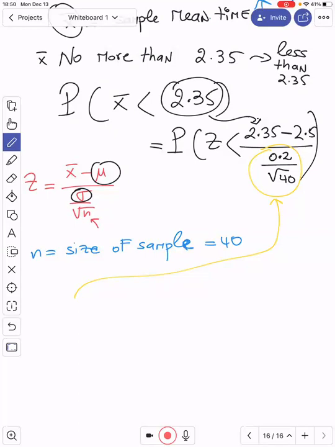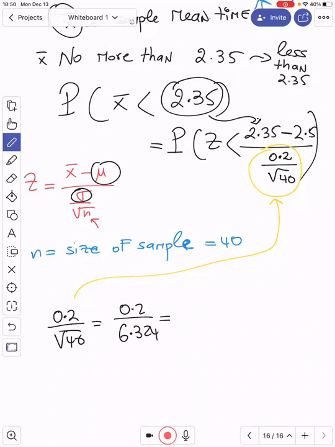The square root of 40 is approximately 6.324, I think.